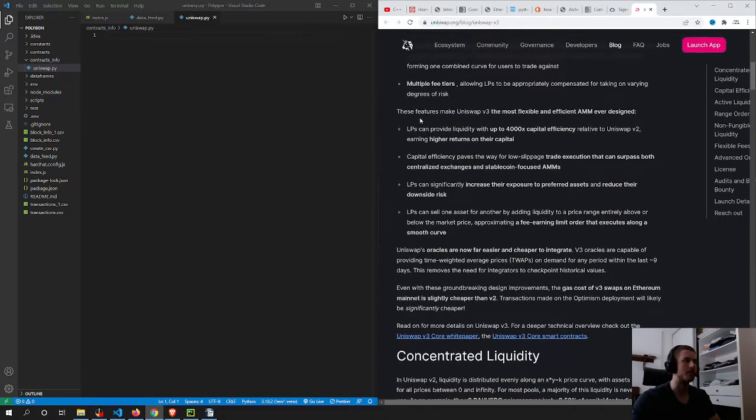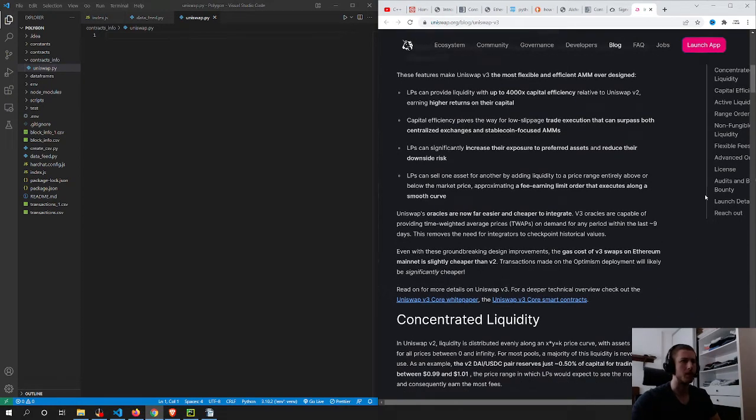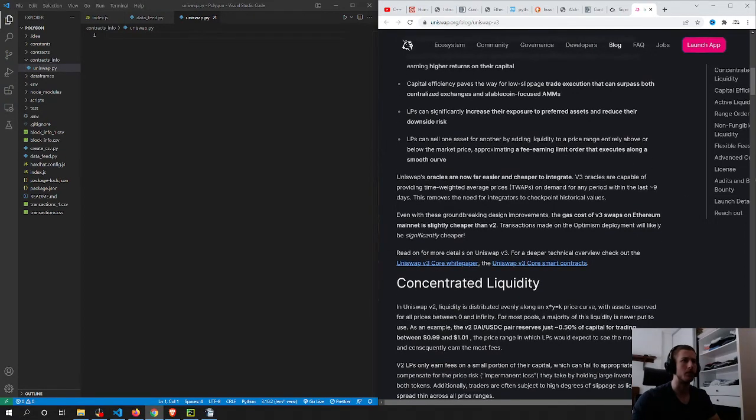Because of that, these features make Uniswap V3 the most flexible and efficient AMM ever designed. LPs can provide liquidity with up to 4,000x capital efficiency relative to Uniswap V2, earning higher returns on their capital. Capital efficiency paves the way for low slippage trade execution that can surpass both centralized exchanges and stable-focused AMMs.